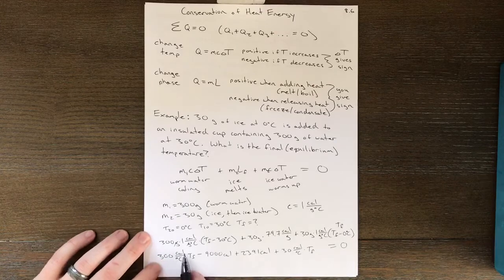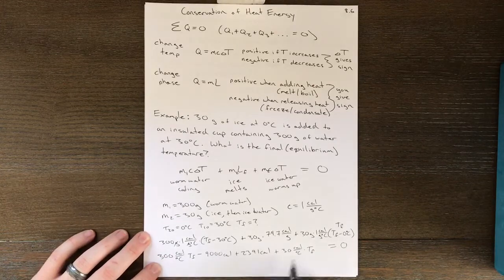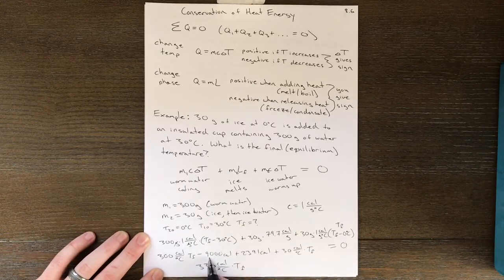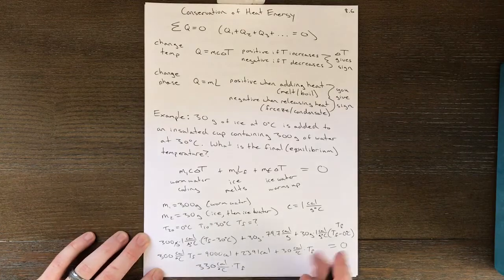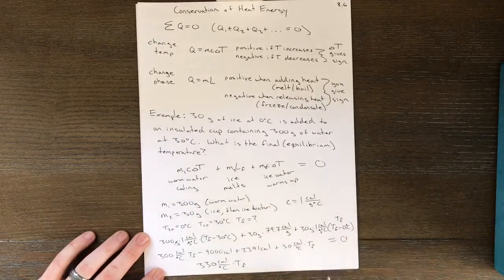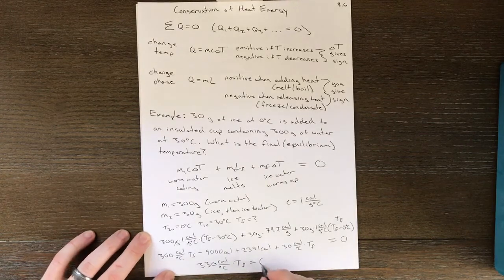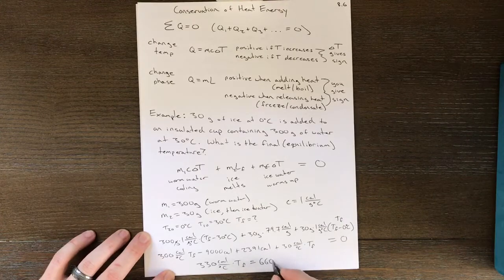Well, I have 300 calories per degree Celsius T final, 30 calories per degree Celsius T final. Those pieces combine: 330 calories per degree Celsius times T final. I have negative 9,000 plus 2,391. That is negative 6,609.